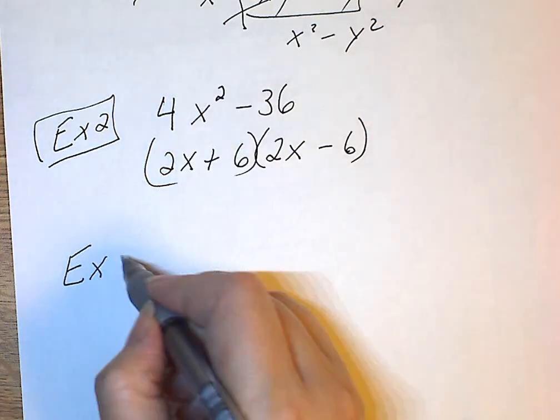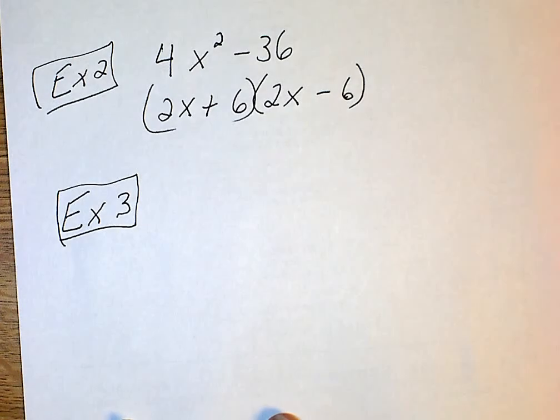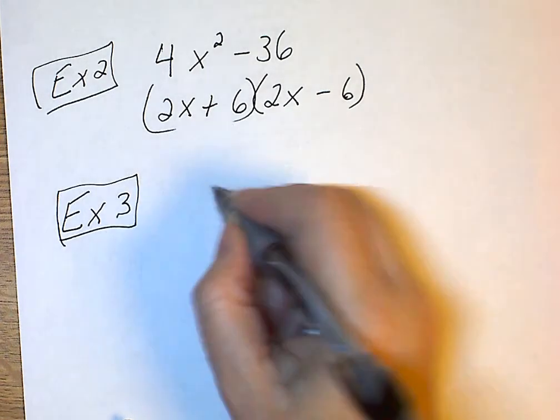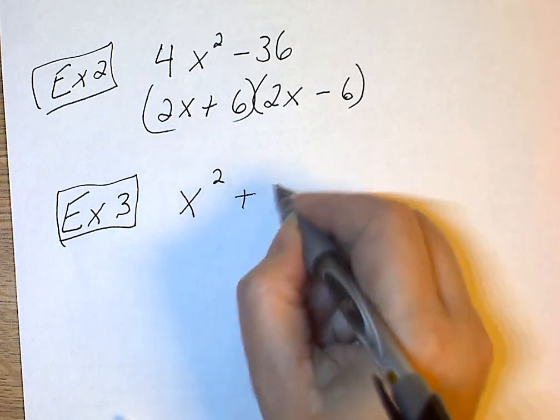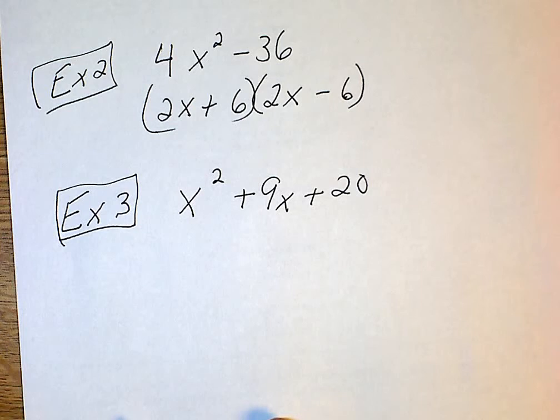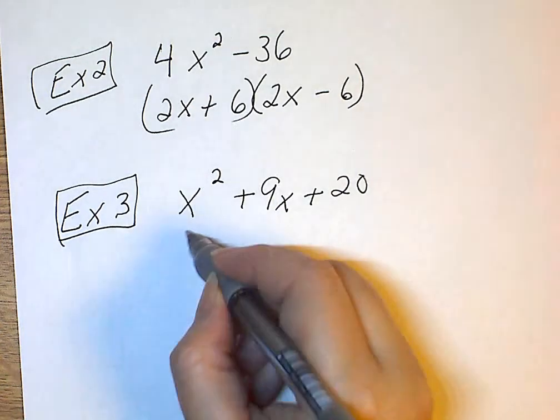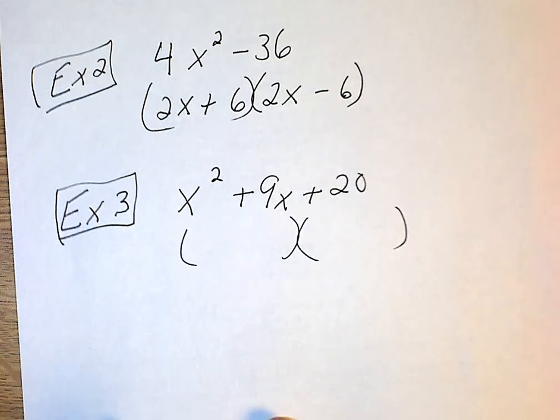The second type, we'll have again our 3 terms, like x squared plus 9x plus 20. When you have 3 terms, you're still looking for what you can multiply to get this.